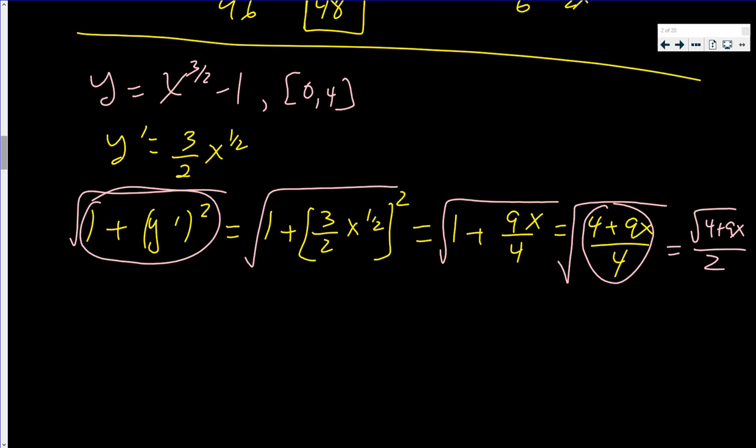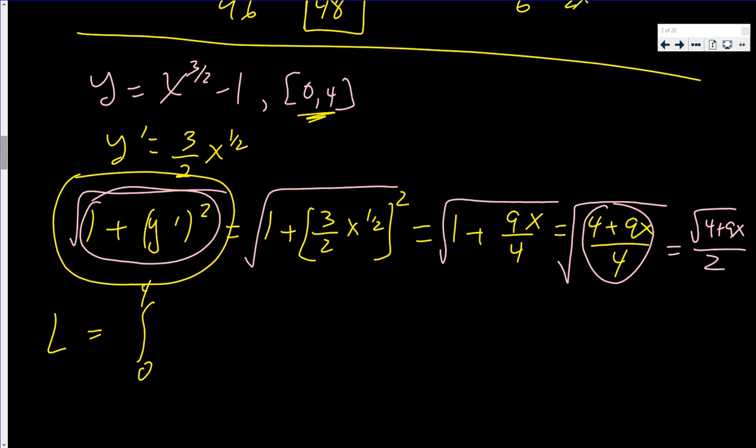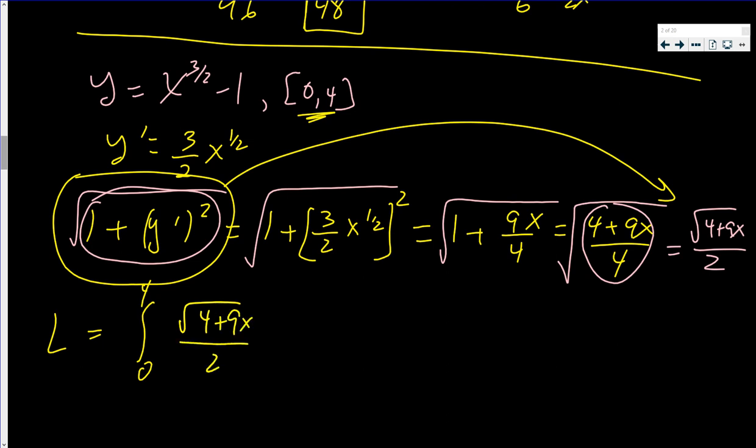Now, we know the formula for the arc length is the integral from 0 to 4 of the square root of 1 plus the derivative squared. But the square root of 1 plus the derivative squared turned out to be the square root of 4 plus 9x over 2.